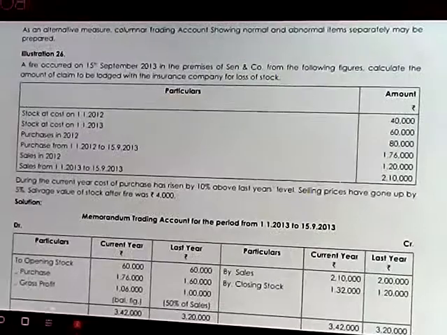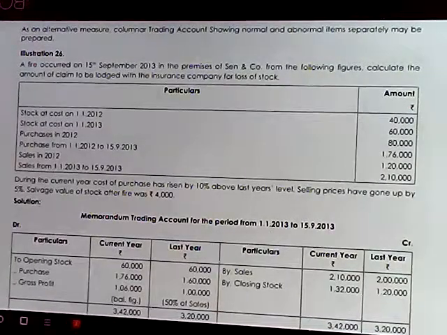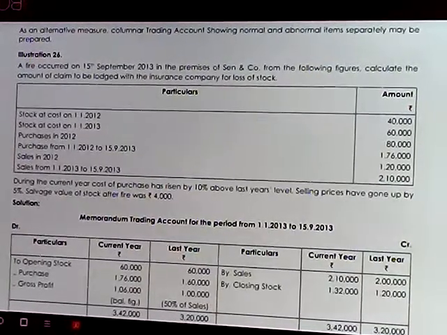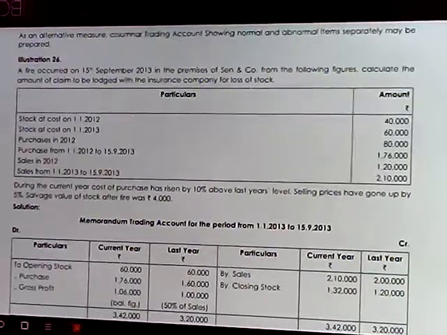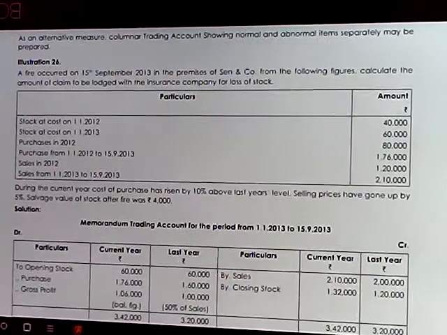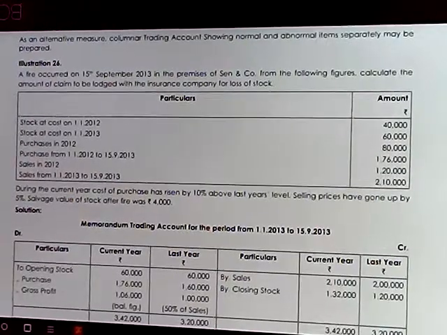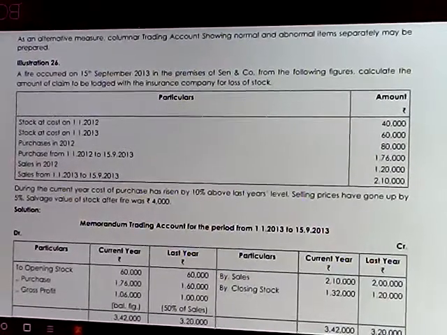Let's read the problem first. A fire occurred on 15 September 2013 in the premises of SN Company. From the following figures, calculate the amount of claim to be lodged with the insurance company for loss of stock.